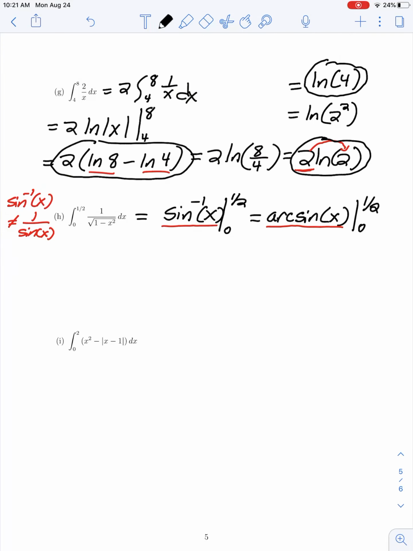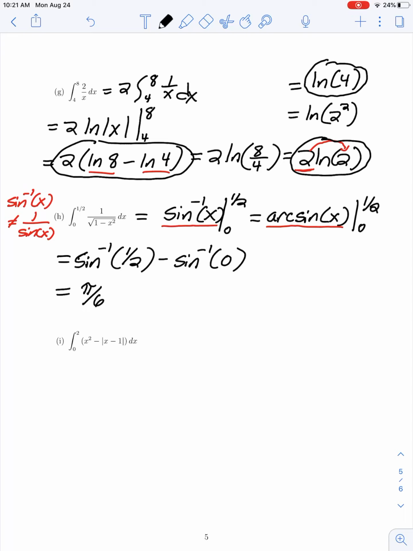So let's evaluate this. We would first take arc sine of our upper limit of integration, which was 1/2, and then we subtract the value of arc sine at the lower limit of integration, 0. So to find arc sine of 1/2, we ask ourselves, well, what angle gives us sine of that angle is equal to 1/2, and that would be the angle pi over 6.